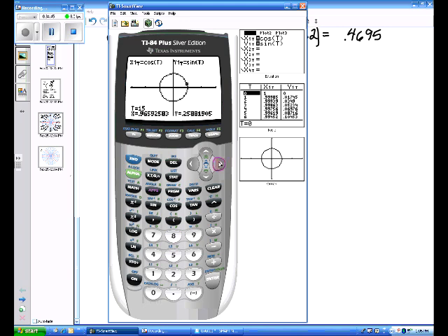So there's 15 degrees, 30 degrees, 45, 60, 75, 90, and you can see what your x and y are, and you know that your x is the cosine of the distance of t, and your y is the sine of t. And so you can go back and you can find your values.